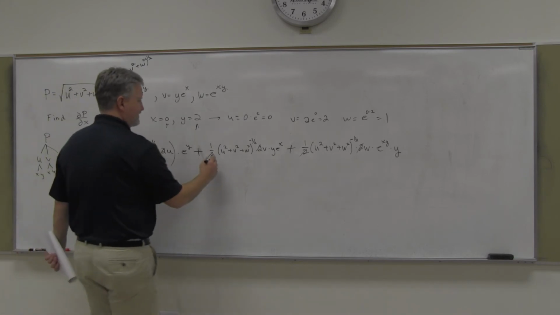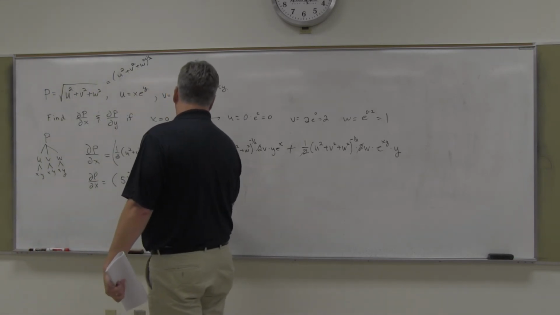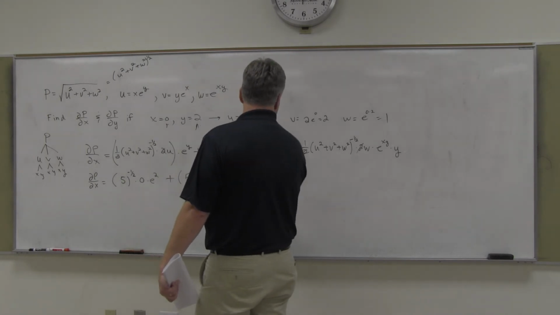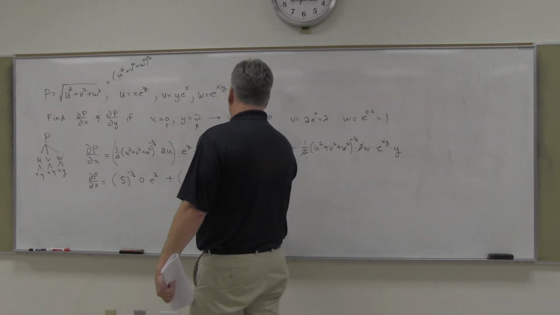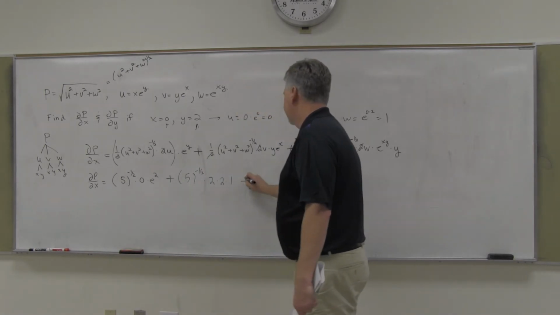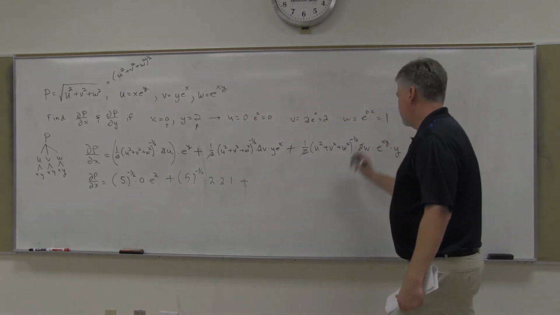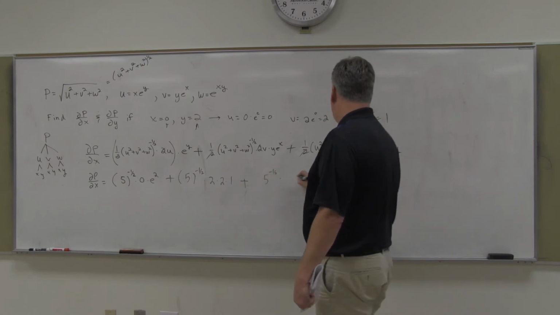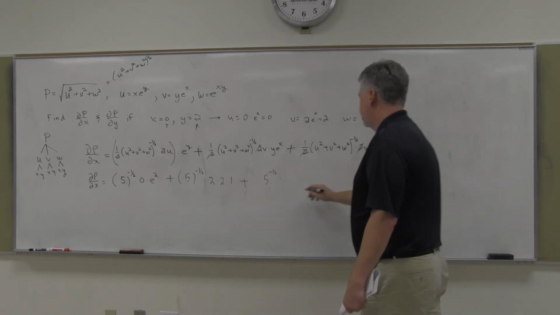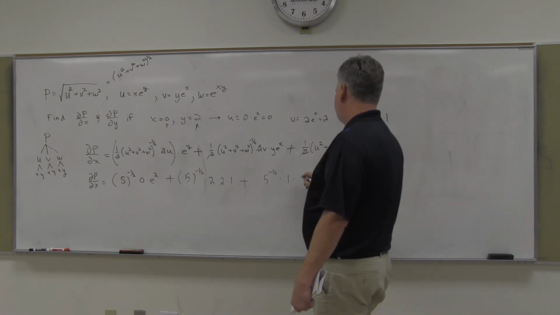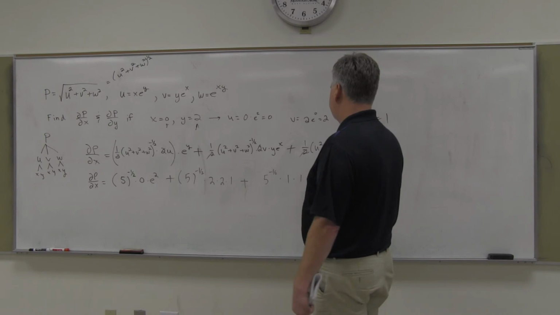Then this would be 5 to the -1/2 times v, which is 2, times y, which is 2, times e to the x, which is 1. And then this one would be 5 to the -1/2 times w, which is 1, e to the xy, so that's e to the 0, which is 1, times y, which is 2.